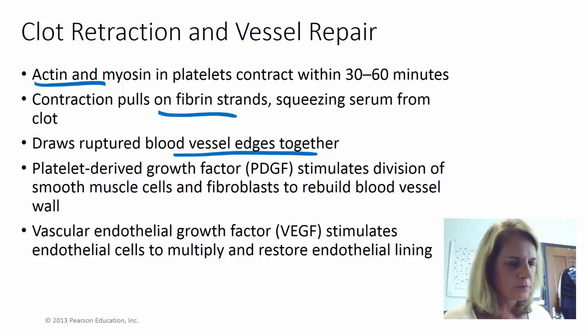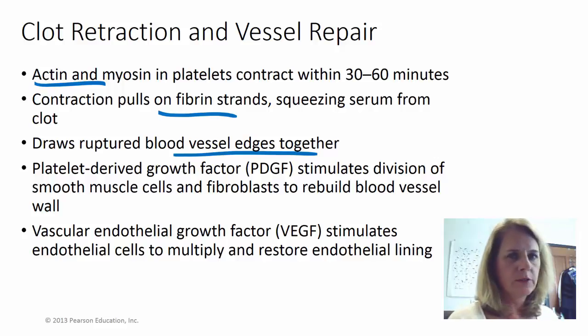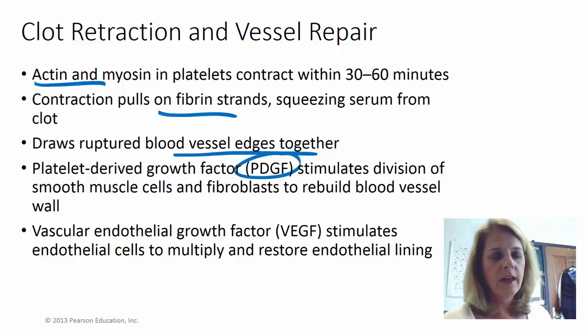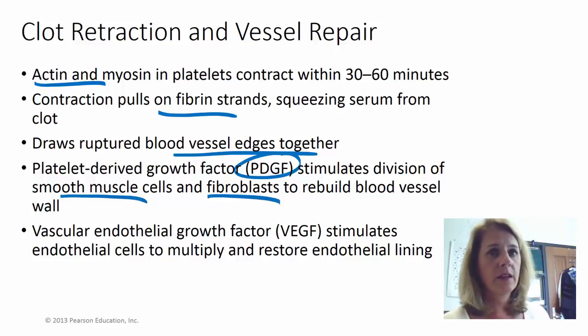So that's pretty cool. You have something called platelet-derived growth factor, or PDGF, which comes from platelets, and that will cause mitosis to occur in those smooth muscle cells and fibroblasts. So that'll start to rebuild the vessel wall. So platelets are important not only in stopping the blood, but also getting the blood vessel to heal itself.